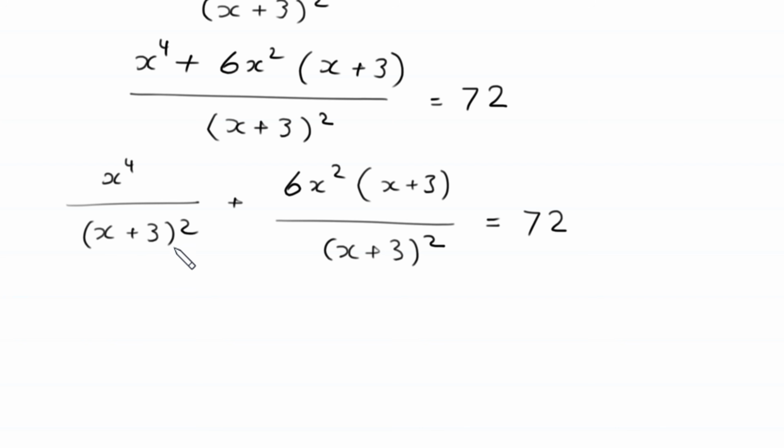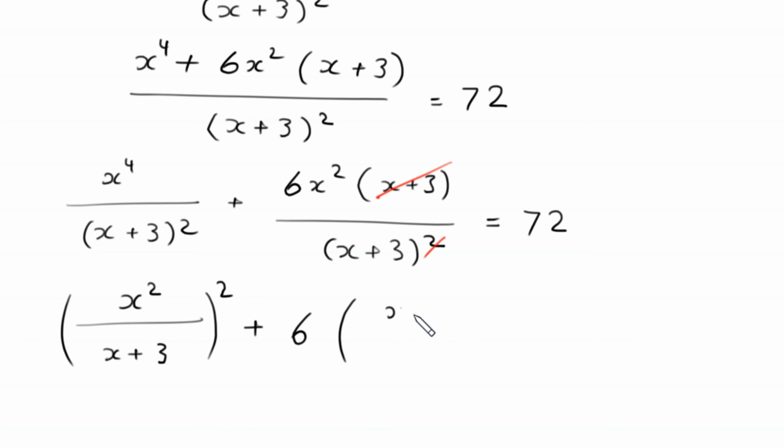Now this expression can be written as (x squared over x plus 3) whole squared plus, this x plus 3 will be cancelled out with this square, and this 6x squared over x plus 3 can be written as 6 times x squared over x plus 3, is equal to 72.